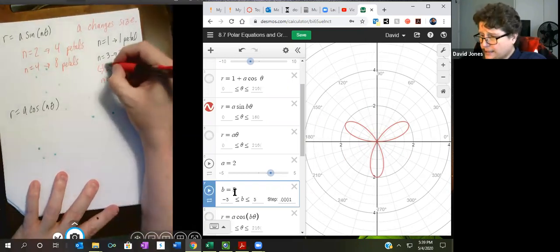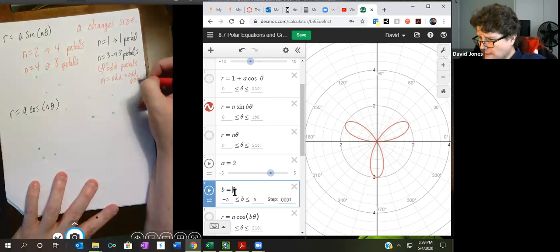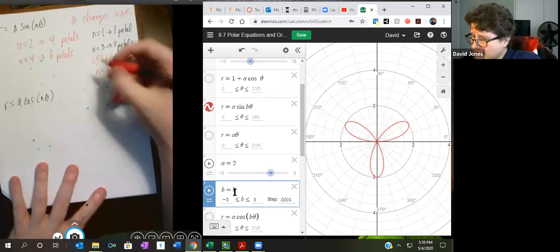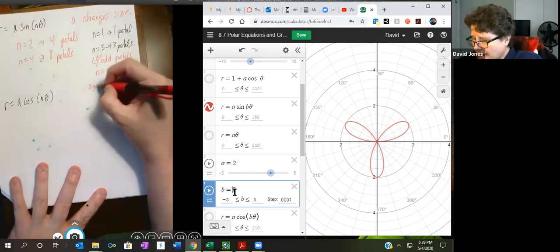When n equals odd, we have an odd number of petals. And sine matters on n.